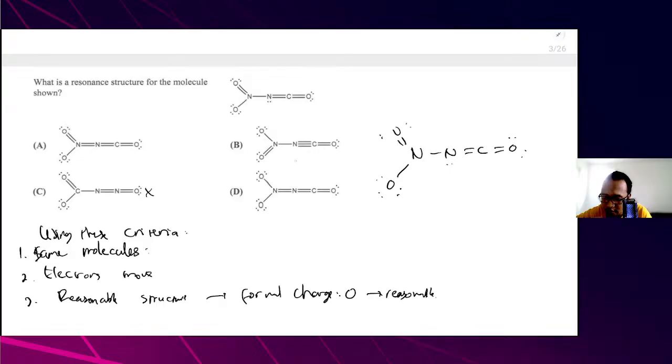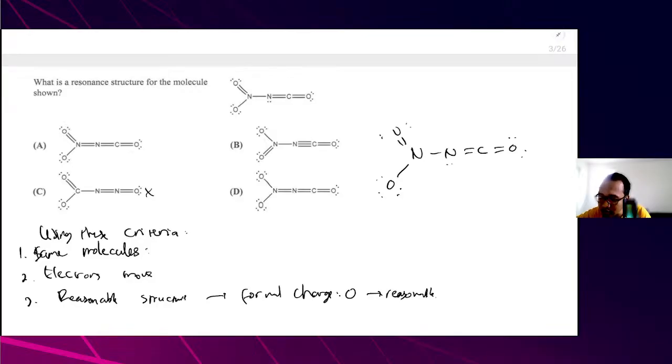Now let's take a look at criterion number 2, electrons move. How about the E? Yes, electrons move. How about the B? Yes, electrons are also moving.